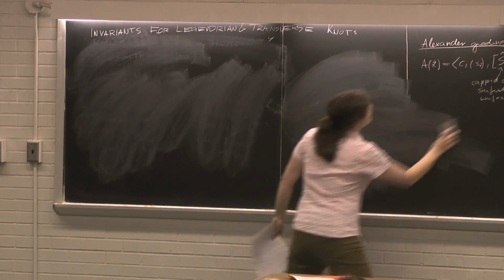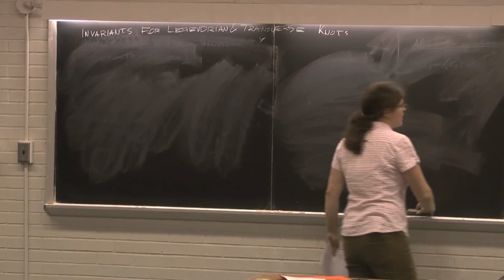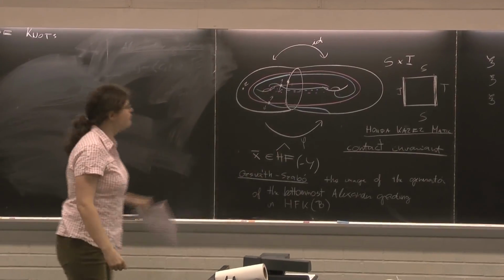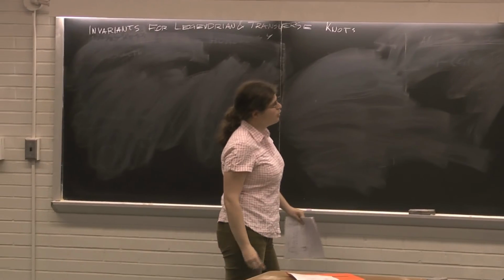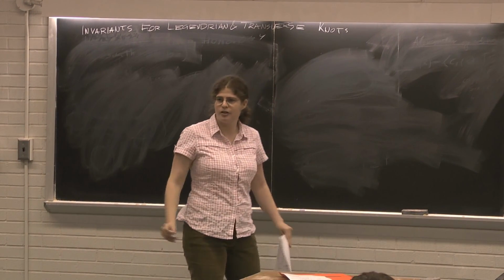So the second invariant of this type was actually exactly copying this definition. If you have a Legendrian knot, then you should know that it's possible to put it on the page of an open book.